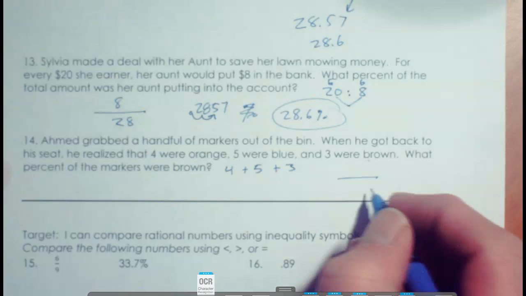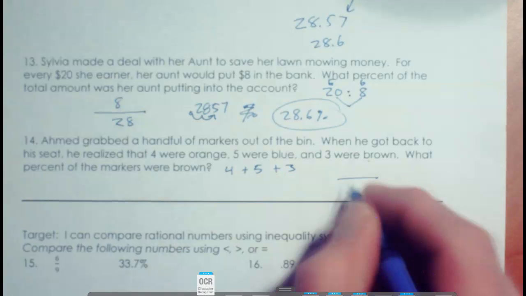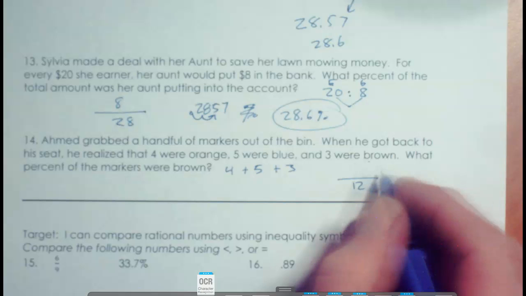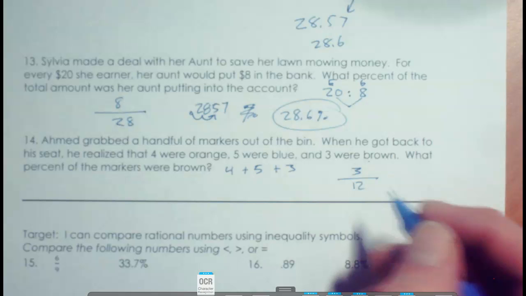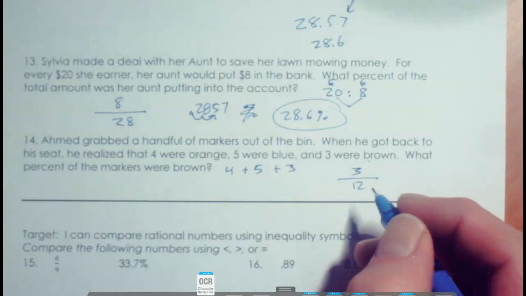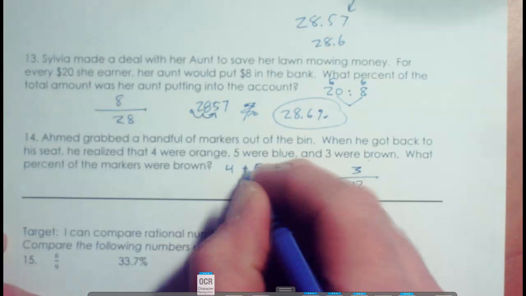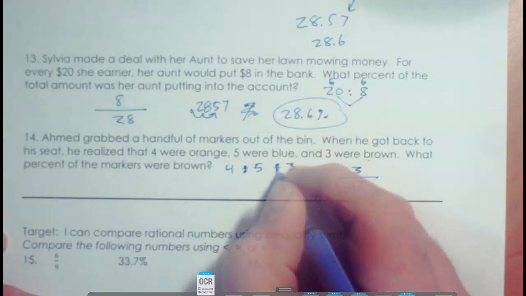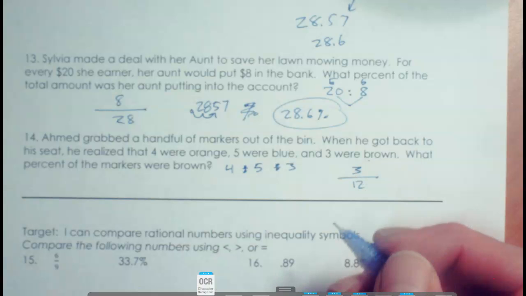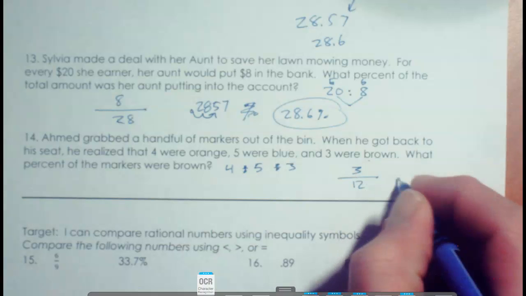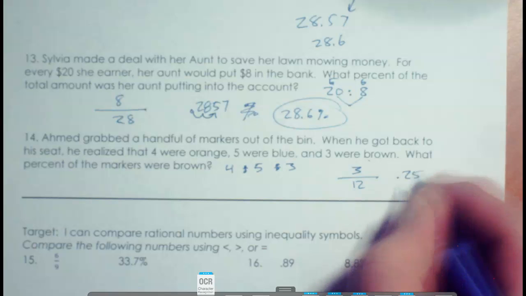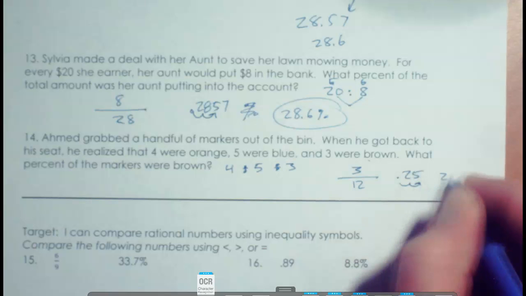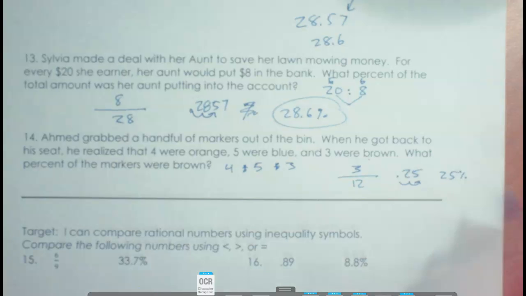He's still got a total of 12 markers here, and 3 of them were brown. We had to add those all up. It is kind of a ratio. It's 4 to 5 to 3. So you can write these as colon signs there. But 3 divided by 12 is 0.25, and we can multiply that by 100, and we get 25%. 25% of them were brown.